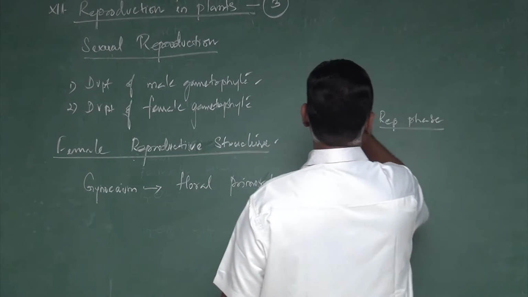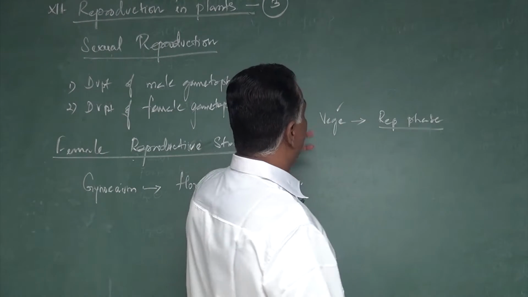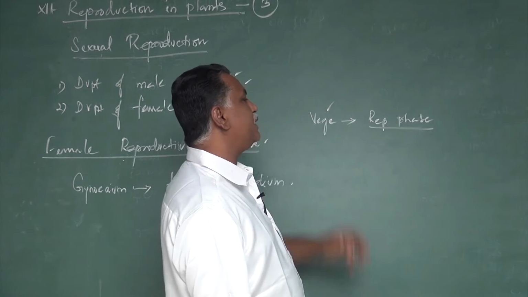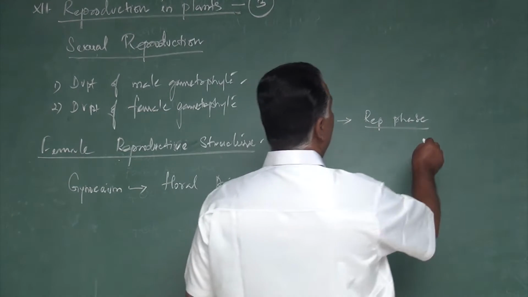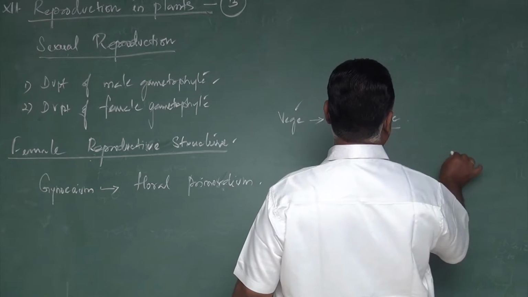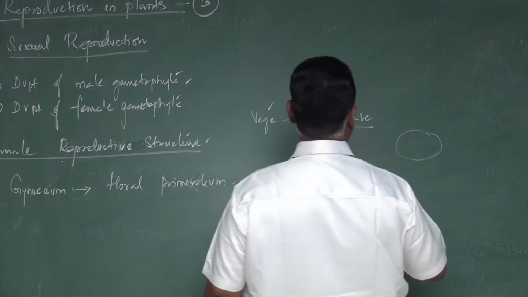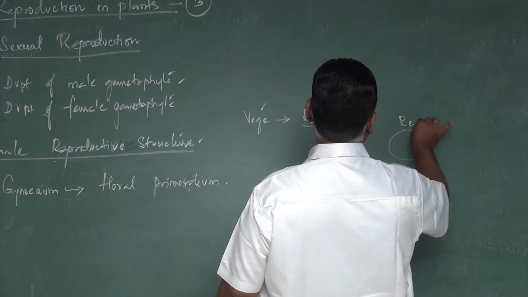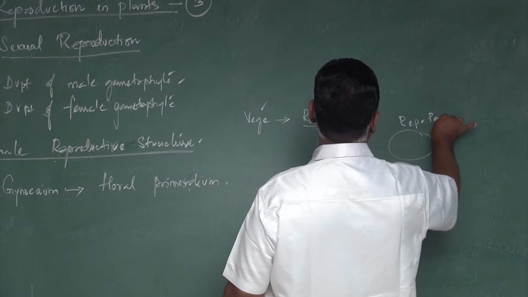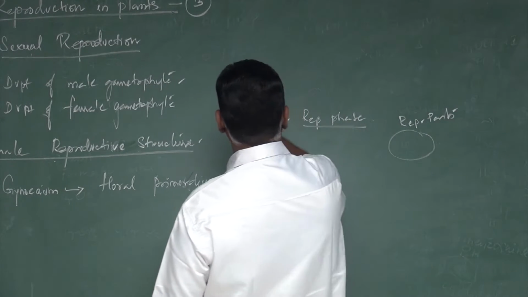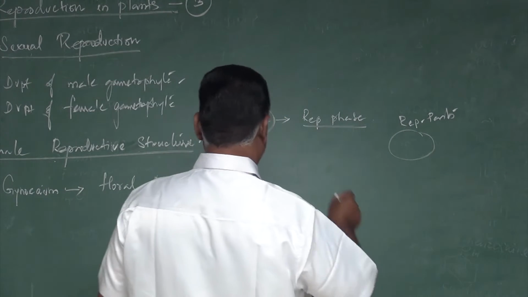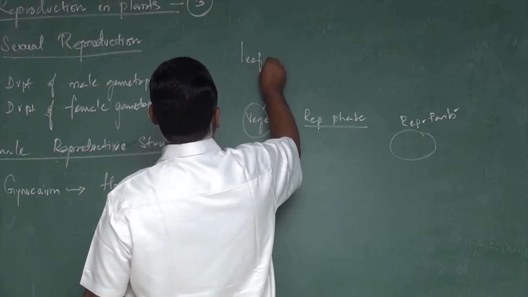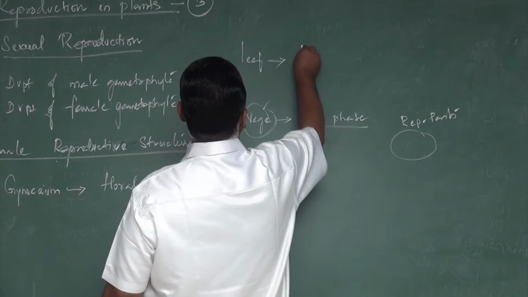The vegetative activity is converted into reproductive activity, in which it forms a primordium, that is a mass of meristematic tissue that forms the reproductive parts from the vegetative part. For example, if there is a vegetative leaf, that leaf is converted into floral leaves.